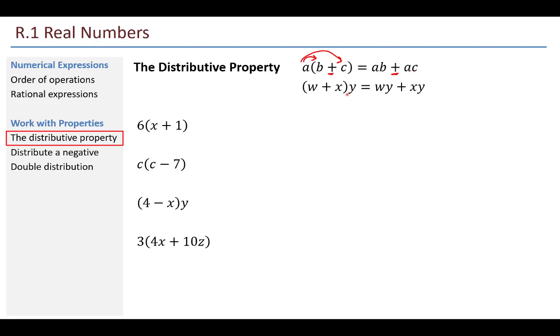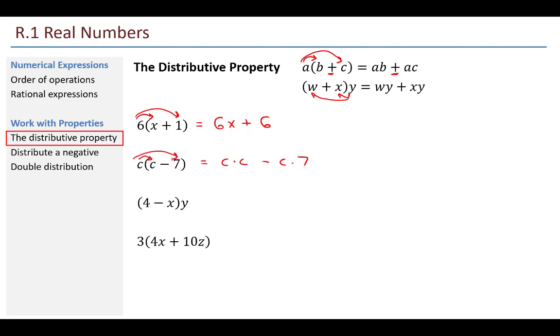And the distribution property works if your single factor is multiplied on the right as well. Some examples here. 6 times the quantity x plus 1: 6 distributes to the x, 6 distributes to the 1, 6 times 1 is 6. c times the quantity c minus 7 is c times c minus c times 7.